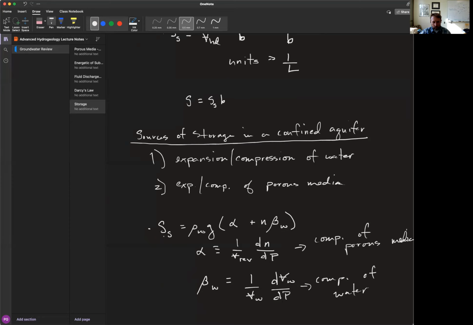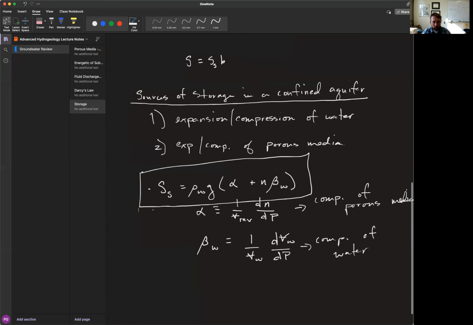All right, and so the specific storage in a confined aquifer is the only source of storage, and it can be defined this way. So we'll circle this guy because it's important. All right.